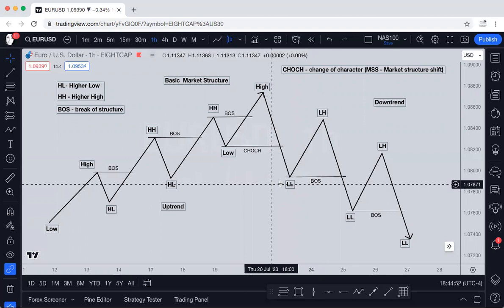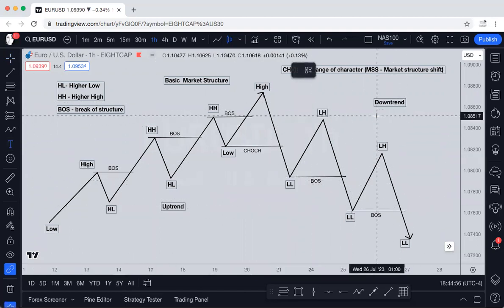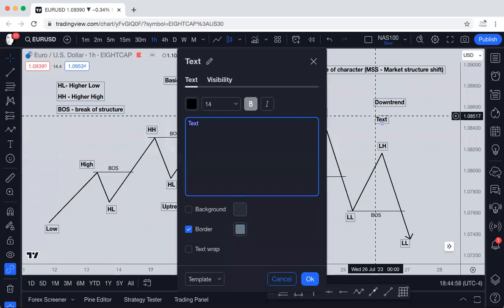So if I were to break that down for you, I'm going to type it out just so you guys have it there. Lower high. Lower low.